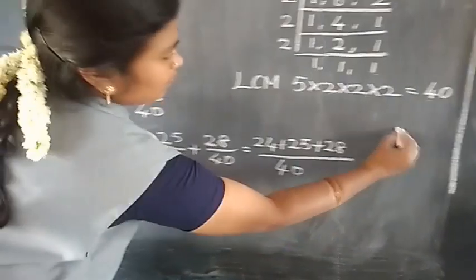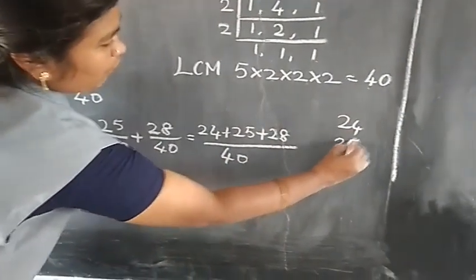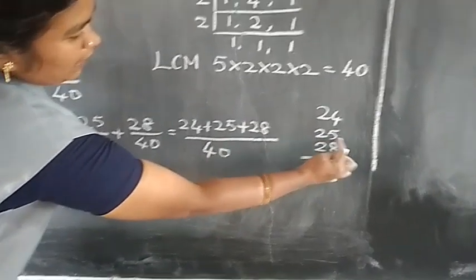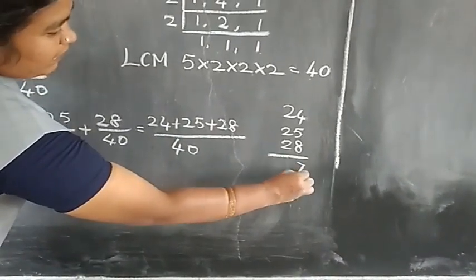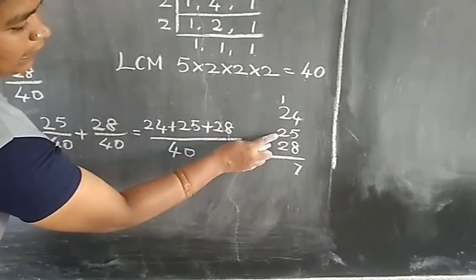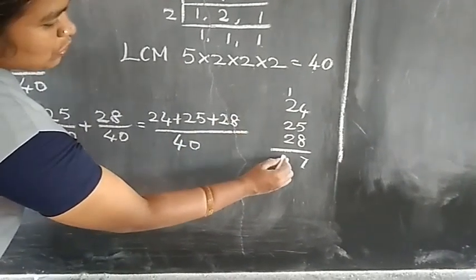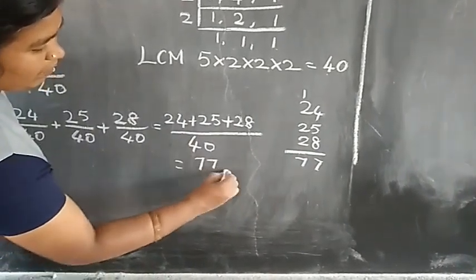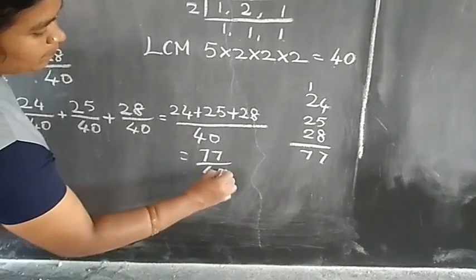Add the numbers. 4 plus 5 is 9. 9 plus 8 is 17. 1 carry. 1 plus 2 is 3. 3 plus 2 is 5. 5 plus 2 is 7. So 77 by 40.